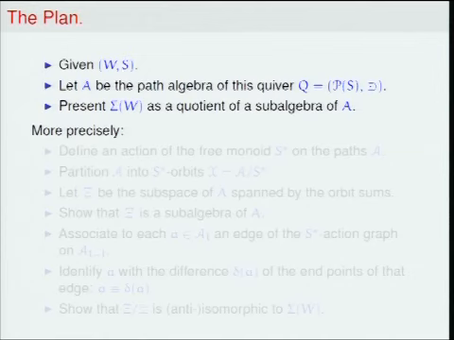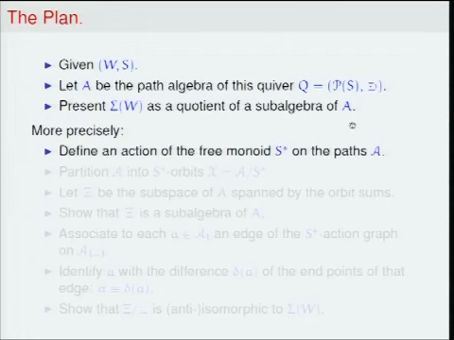First, there's a subalgebra to be exhibited, and then there are some relations to be introduced. The quotient of the subalgebra with respect to the relations will give a presentation of the descent algebra.